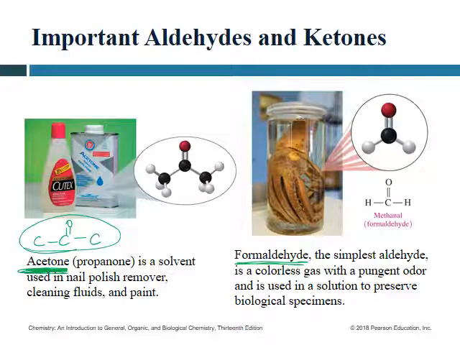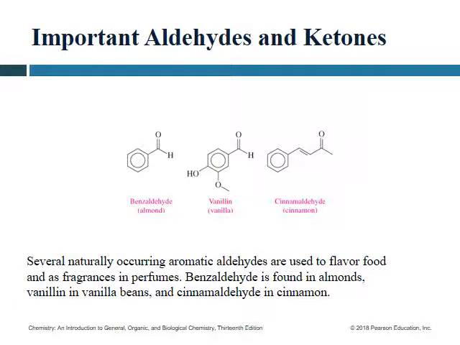Okay. So this is where you probably have seen some of the aldehydes and ketones. These are showing you some examples of aromatic aldehydes. When you see this particular structure, the first thing you recognize is this group, which is a benzene ring.